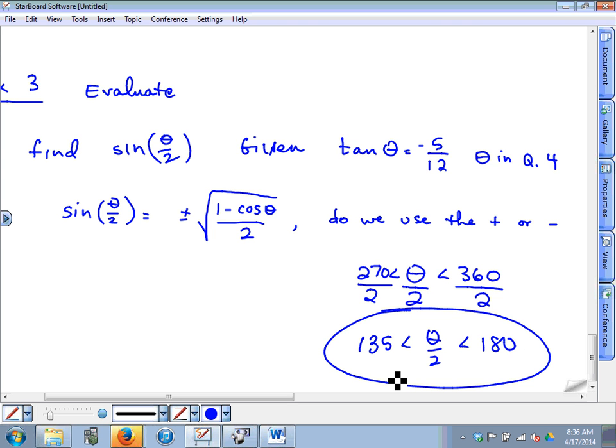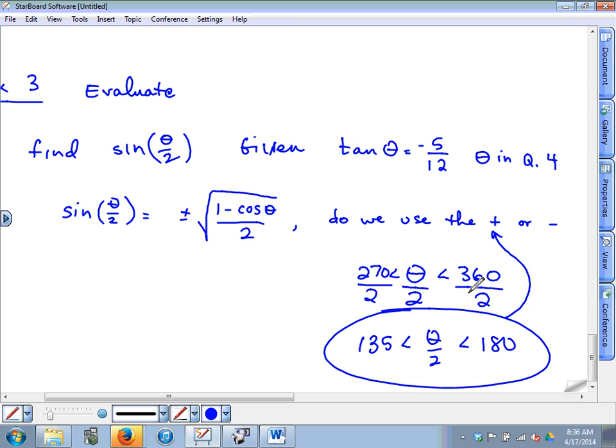So now consider this. Where is theta over 2? It's in the latter half of quadrant 2, but the point is it's still in quadrant 2, right? So in quadrant 2, the sine is positive. So the question is, do we use the positive or the negative? Theta over 2 is in the second quadrant, and we're taking the sine of it, so it has to be positive.